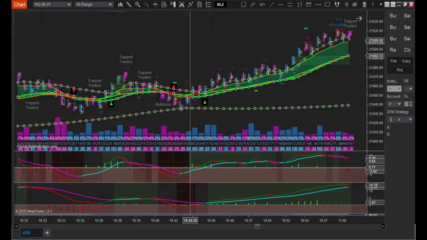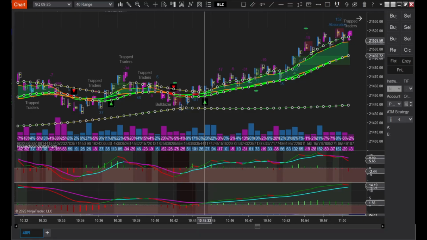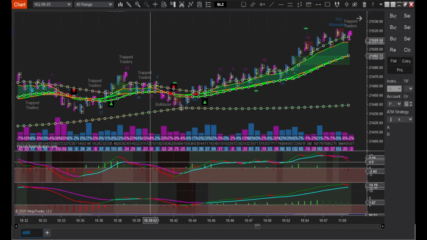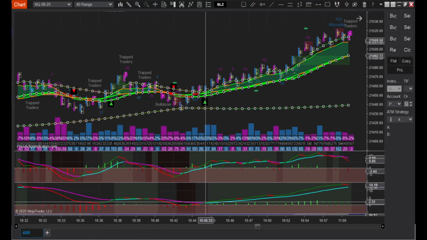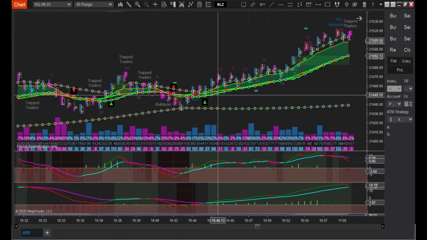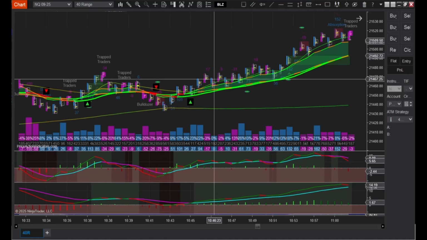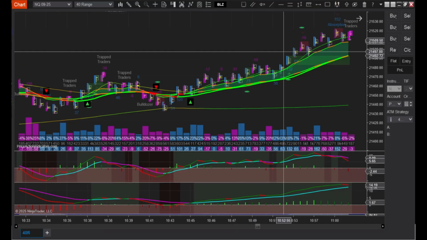Here, this is like our A plus setup that we always look for. It crosses up above the 8. You want this to still cross. This came back below to 0. We crossed up, pulled back, and go. That's right here. When it pulled back down below and crossed up, that's when market starts to go.